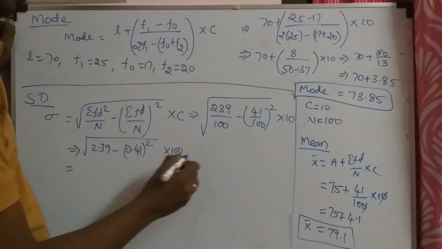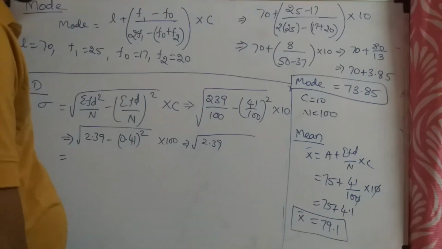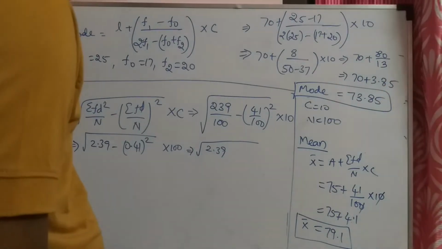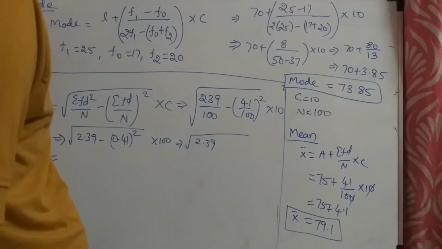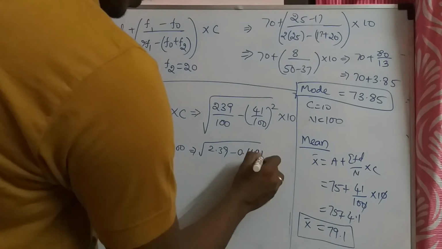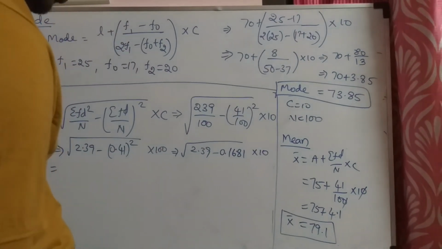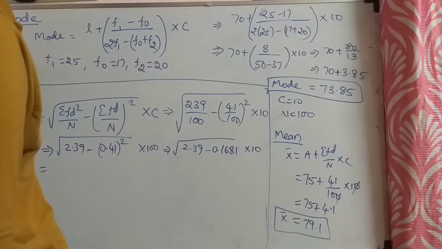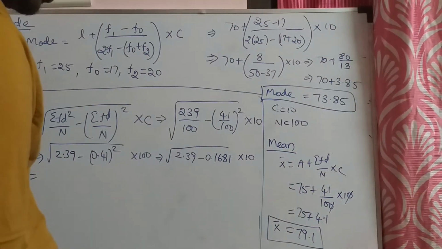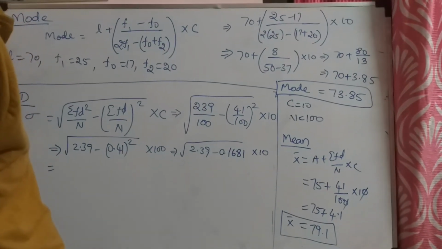So this is nothing but the square root of 2.39 minus, 41 into 41 is 0.1681, into 10. So 2.39 minus 0.1681 is 2.22.